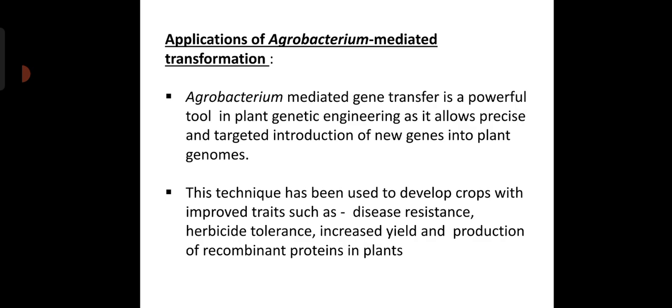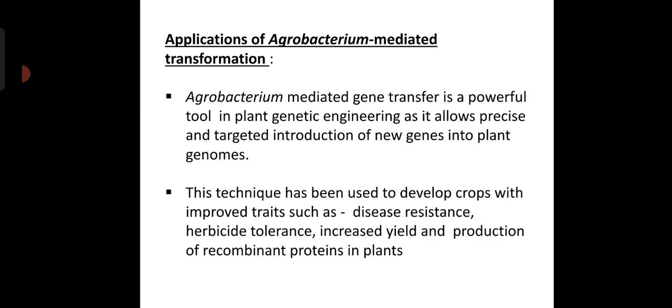Agrobacterium mediated gene transfer is a powerful tool for plant genetic engineering, as it allows for precise and targeted introduction of new genes into plant genomes. This technique has been used to develop crops with improved traits such as disease resistance, herbicide tolerance, and increased yield.